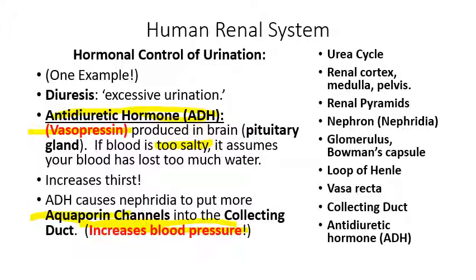So that is why if you eat a lot of salty food, you end up retaining a lot of water. You may swell up a little bit because the brain is assuming that you have lost blood volume, and that's the reason why the saltiness of your blood has gone up, and therefore you need to get more water to be retained by the kidneys. And so that's an incorrect assumption, but that's what the brain is doing.